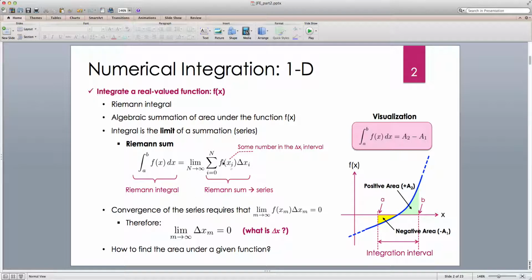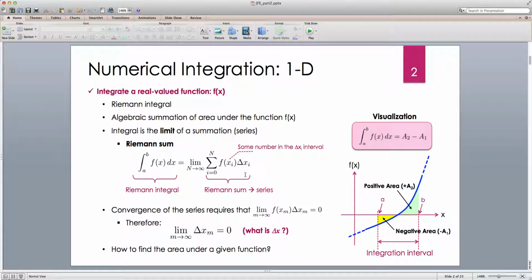This definition is a summation, and what it means is that we divide the interval into very small subintervals, and in subinterval number i, the length of the subinterval is delta xi, and we choose a point xi in that subinterval and then evaluate the function f there.